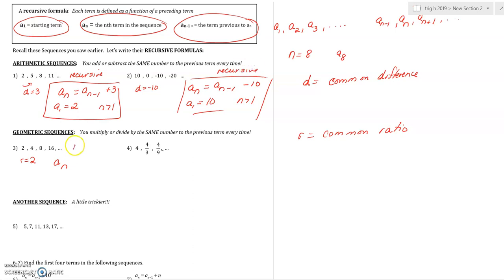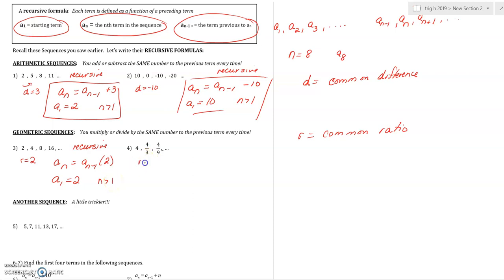If I want to describe this recursively, I could say any term is the term right before it multiplied by 2. In order to generate the sequence, you would need the first term, which happens to be 2. And again, n has to be greater than 1. So that is a recursive formula.